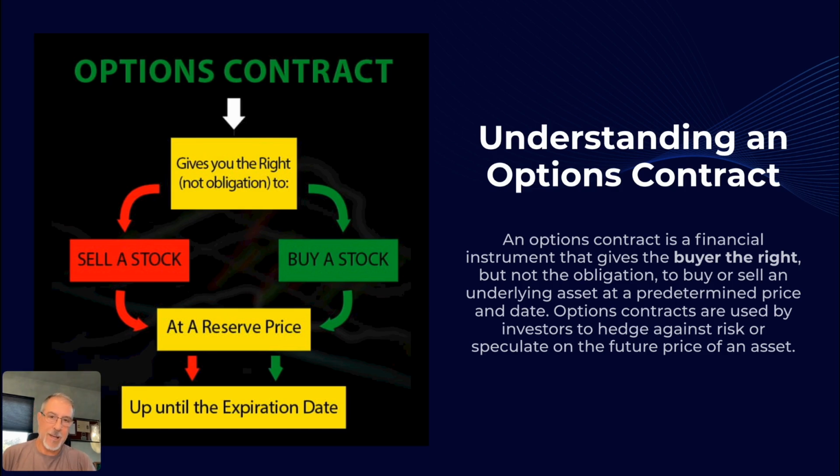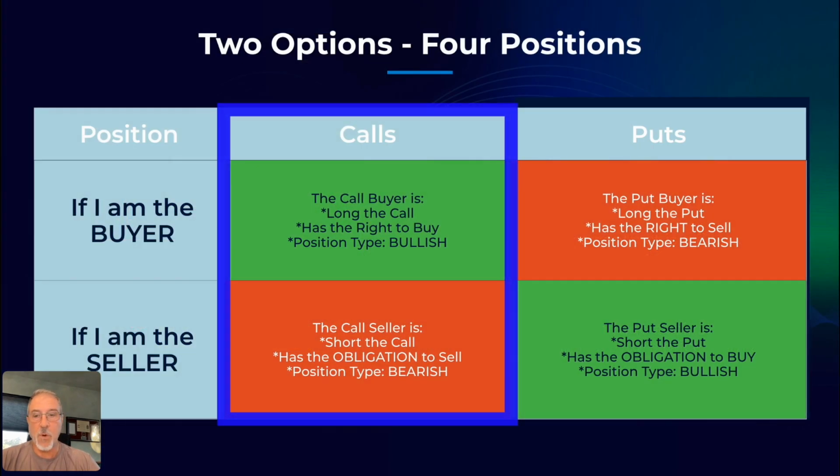It's a form of insurance on my long-term positions, so that if they start losing value, the puts I purchased will gain value. Again, we'll cover that in more detail.